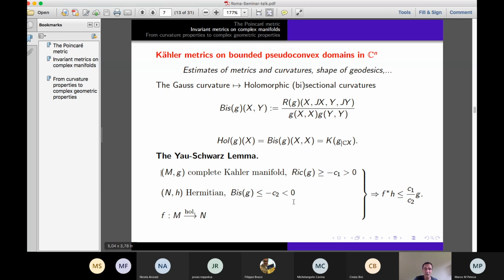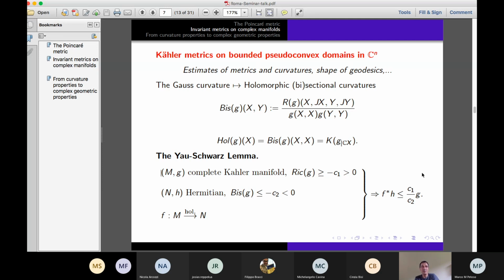So you get these two conditions that are exactly the conditions you get in dimension one, and you consider a holomorphic map from M to N. Then you have a decreasing property for holomorphic maps, given in terms of the curvature, exactly as we had in one complex dimension. Keep it in mind because we will use it.